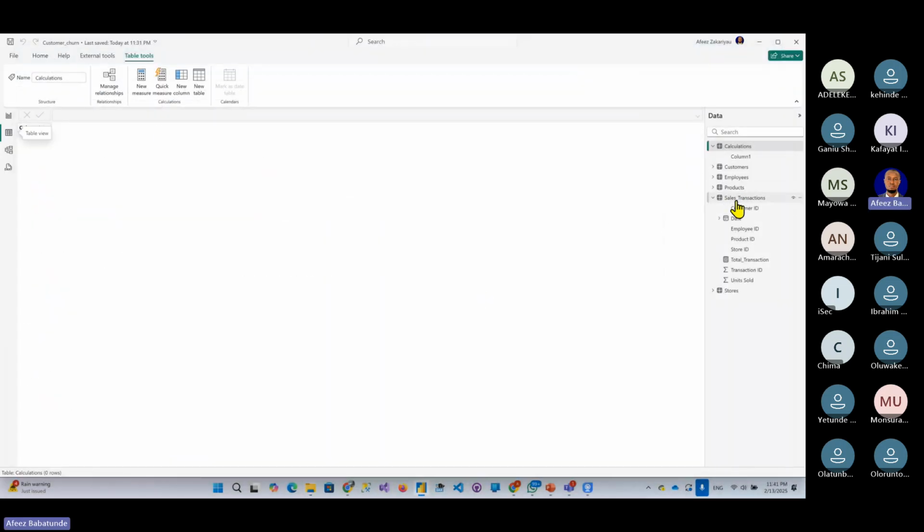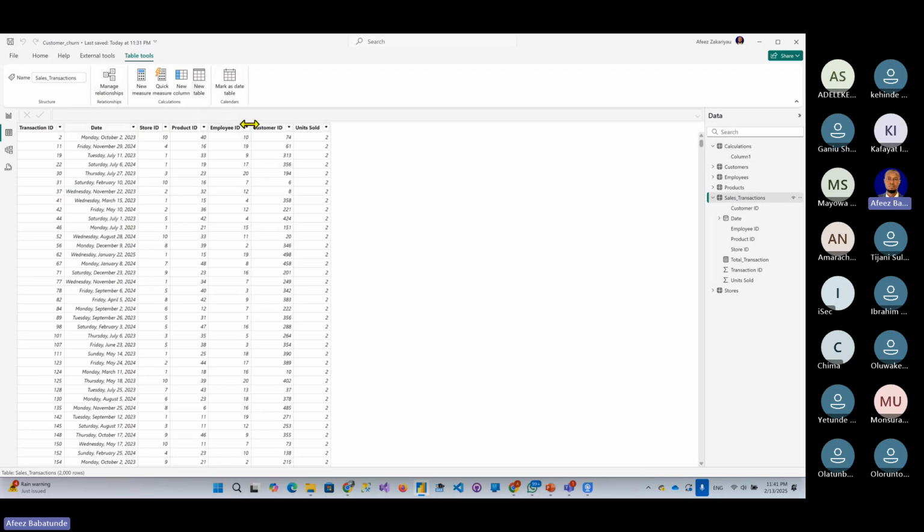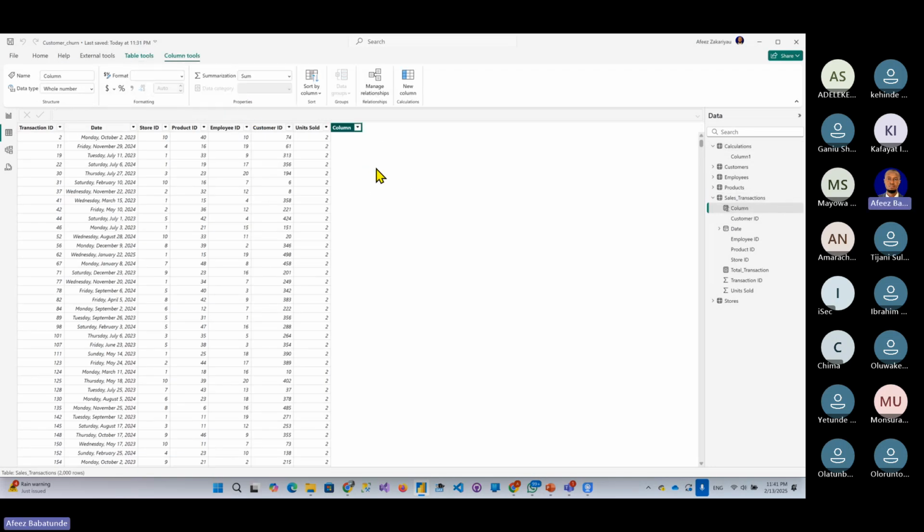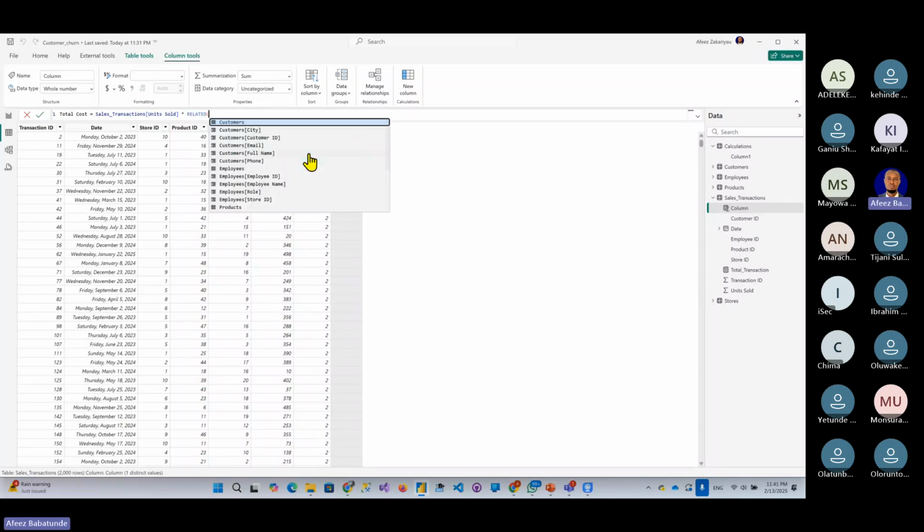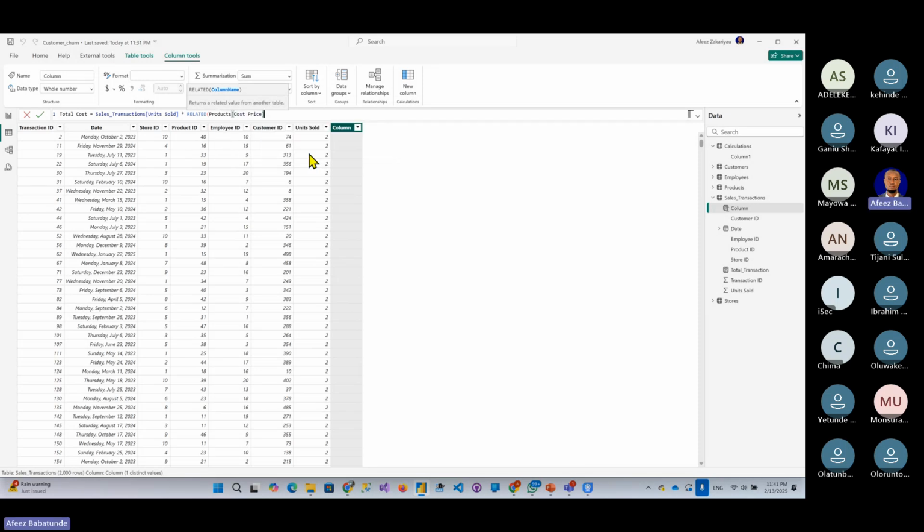So let's go into the transaction table. Let's create a new column, and the new column will be total cost. Total cost is equals to unit sold multiplied by related product cost price. Can you imagine? So let's do the same thing for total sales.